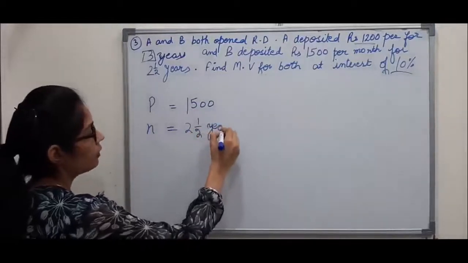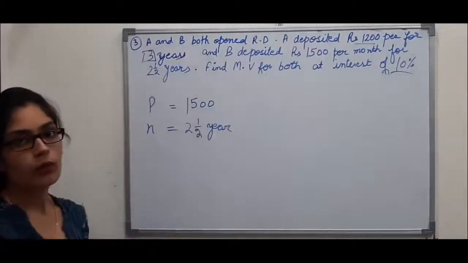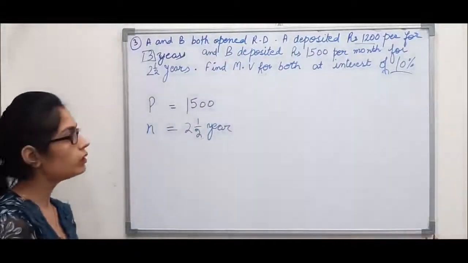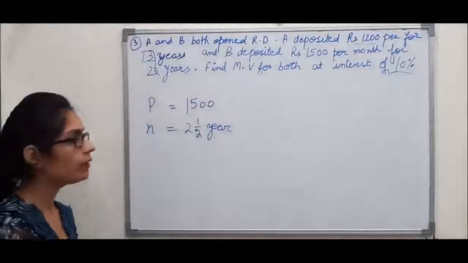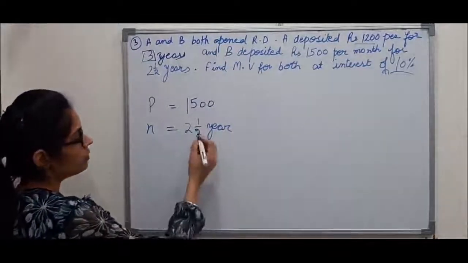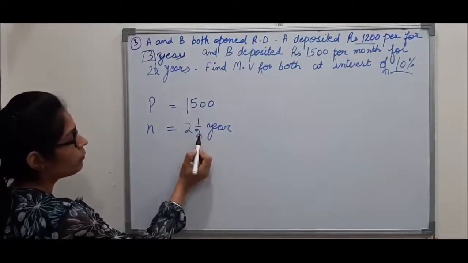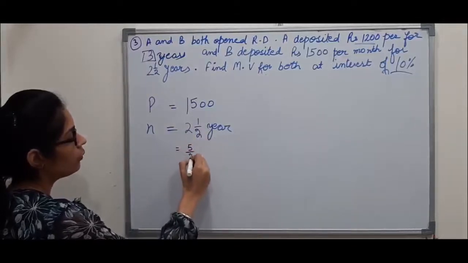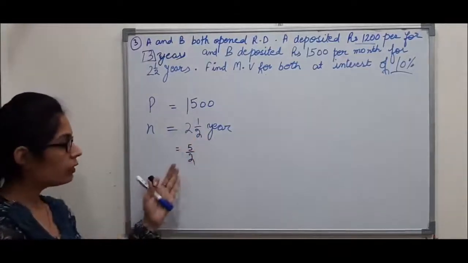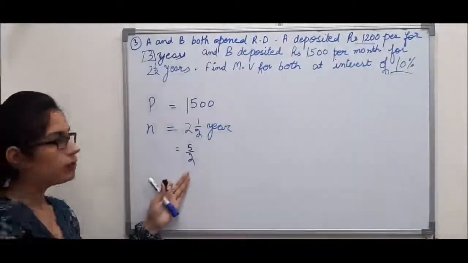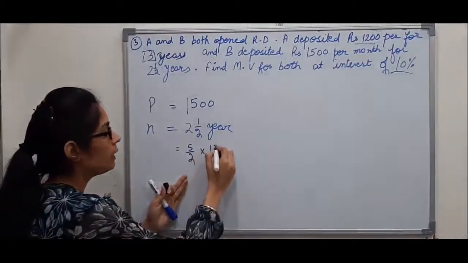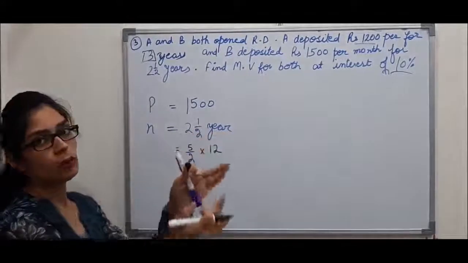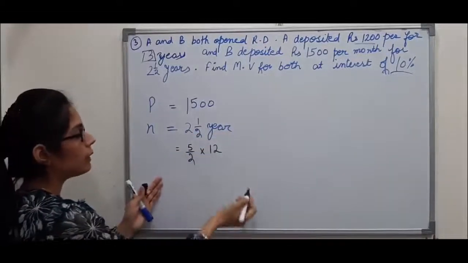And I have told you, whenever they have given it in years, you have to convert it into months, because we need time in months, not in years. So first we will change this mixed fraction into a simple fraction. 2 into 2 is 4, 4 plus 1 is 5, so it is 5 by 2. And whichever number they have given us in years, we have to multiply that number by 12 in order to convert years into months. So 5 by 2 I will multiply with 12.